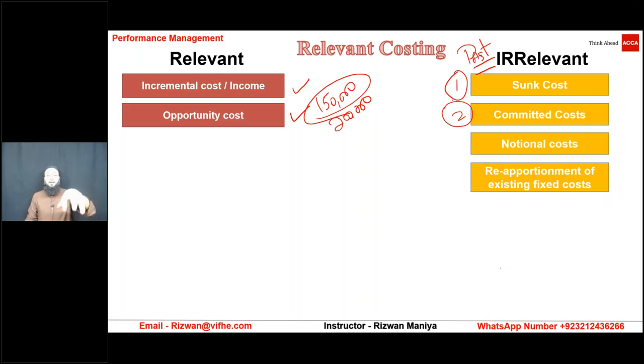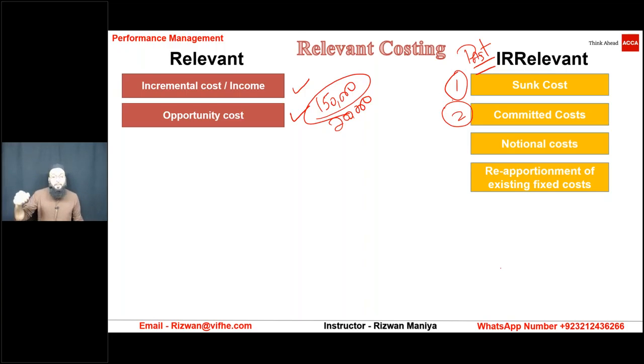At the time of taking the decision, this cost has not been incurred, but the promise to incur it was made before the decision making. The best example is guaranteed minimum wage. We promise our employees or labor that we will give them salary irrespective of their work, whether we have work or not, we'll pay them. So that is a committed cost.